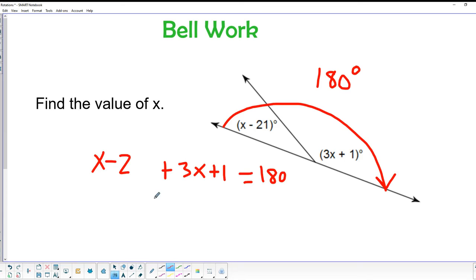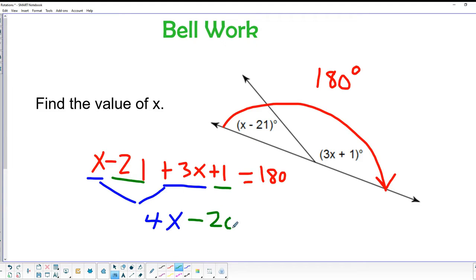That should just be x minus 21 plus 3x plus 1 equals 180. All right, let's circle the like terms. We've got x and positive 3x. Combined, those become 4x. Then we have negative 21 and plus 1, so the net result would be negative 20 equals 180.